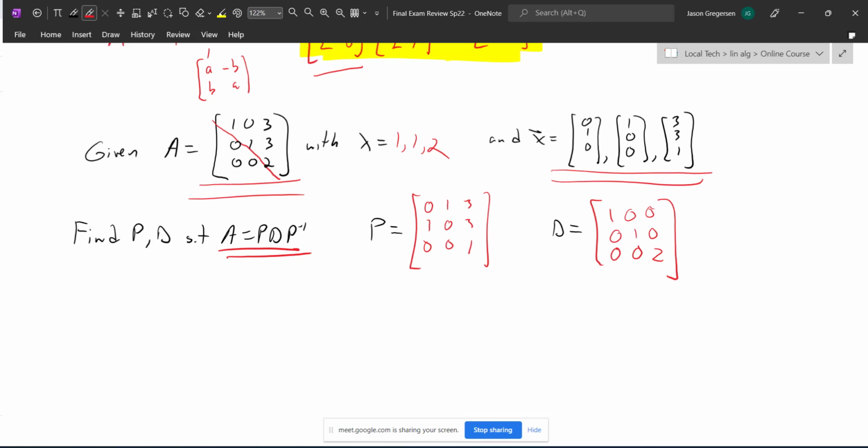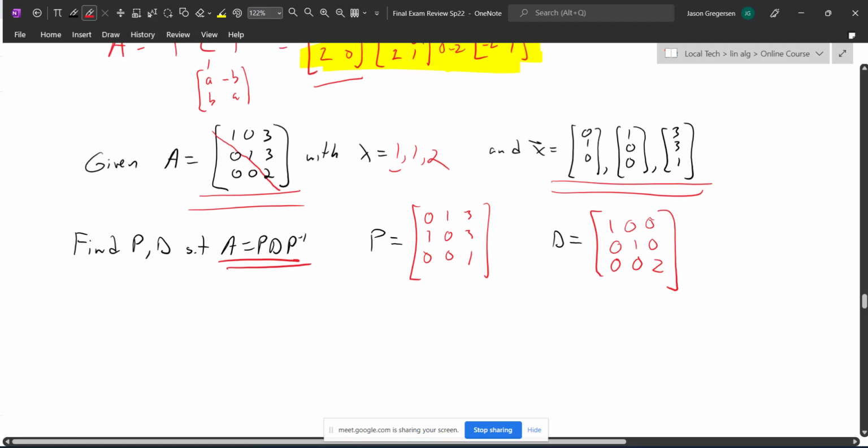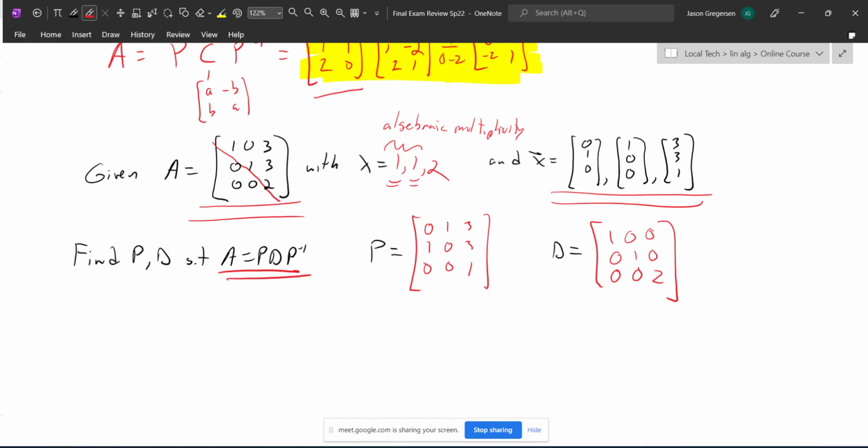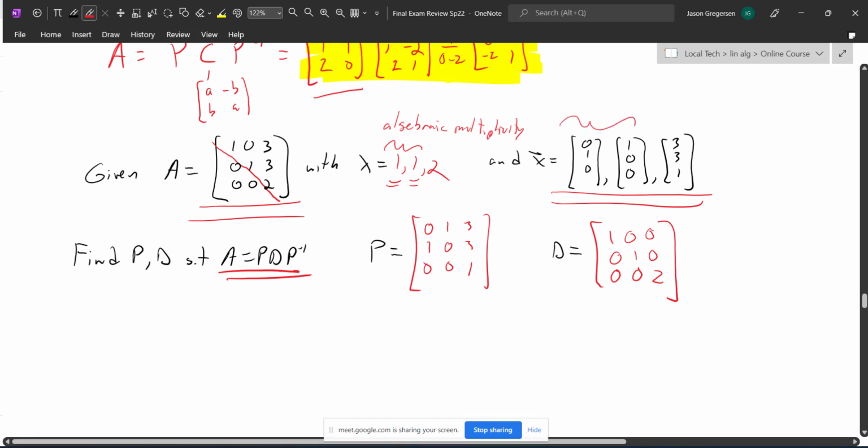Now in this case, I got fortunate because I had a repeated eigenvalue. I had lambda equals 1 repeated twice. The number of times the eigenvalue is repeated is called the algebraic multiplicity of the eigenvalue. Now when I plugged in lambda equals 1 to calculate the associated eigenvector, apparently I was able to get 2 eigenvectors from that one eigenvalue.